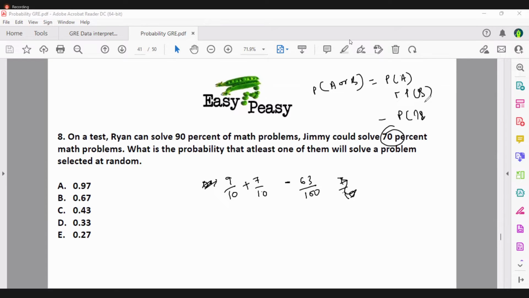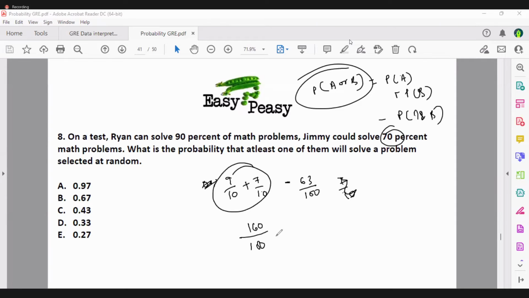It is asking at least one of them is able to solve, so it is A or B, right? So this becomes 160 over 100 if you add these two, and then minus 63 upon 100 would be 97 over 100. So the probability is 0.97.